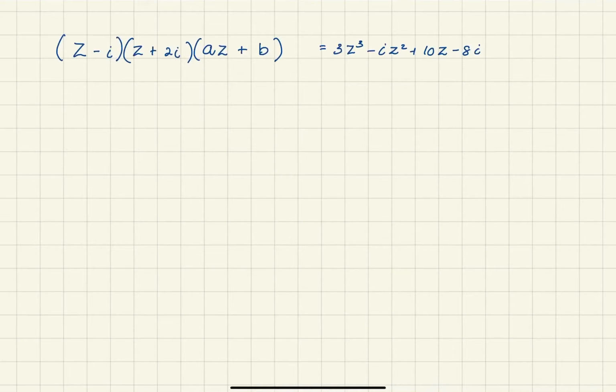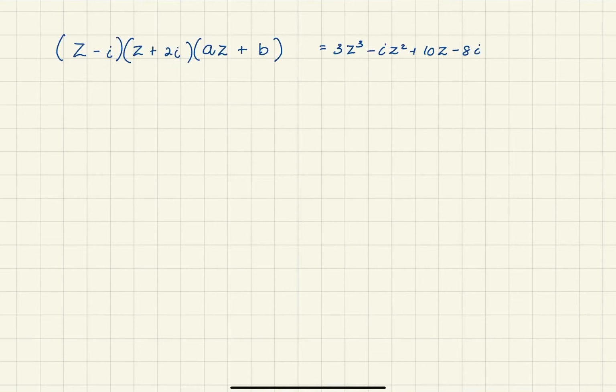This is saying that if I multiply z times this z, and then that product times this az, I should get the first number and coefficient here of my polynomial. This makes sense. The same is true when I multiply the last times the last times the last. That should give me the last number of my polynomial, as long as they are written in order, from highest to lowest.